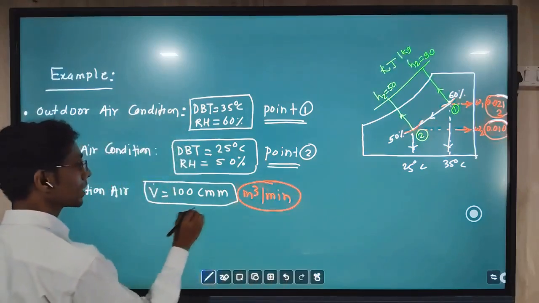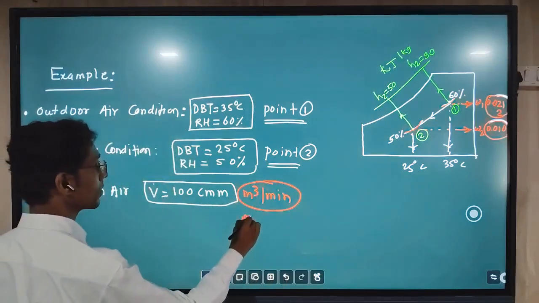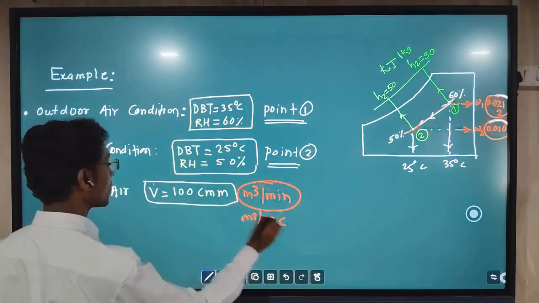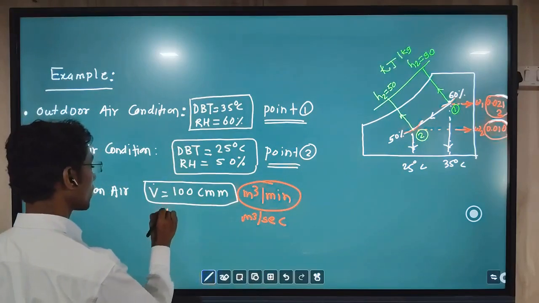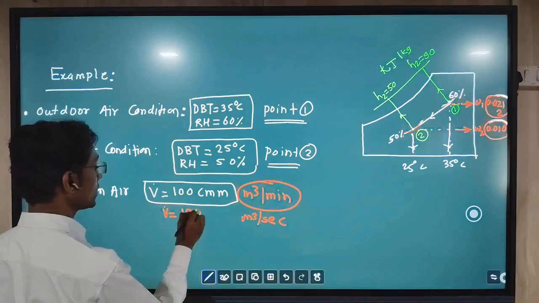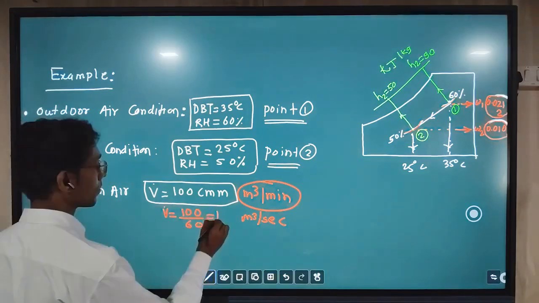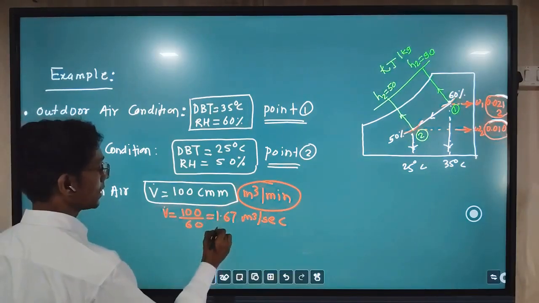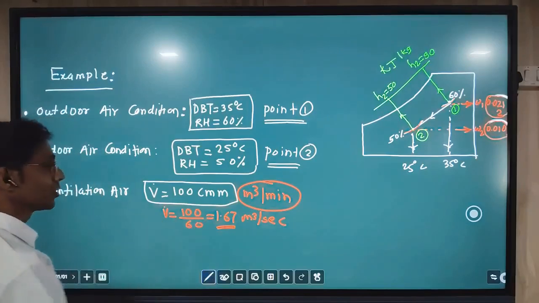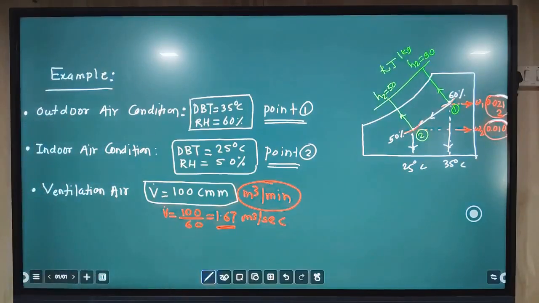So here we convert this value to meter cube per second. For that purpose, V dot is equal to 100 divided by 60. This volume flow rate we use for the calculation of the mass flow rate.